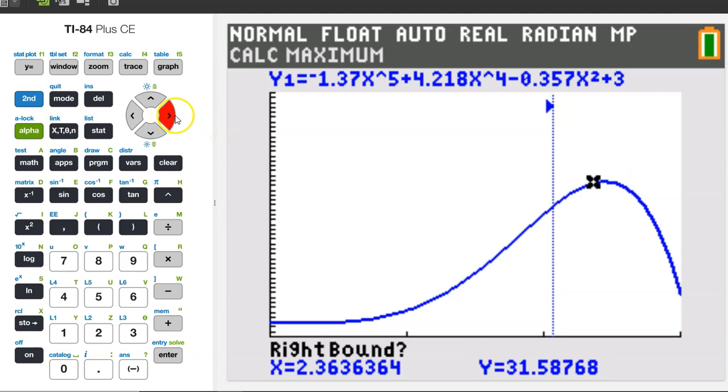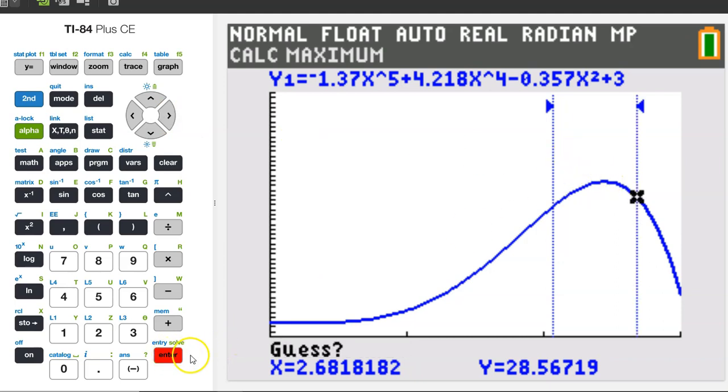So I'm going to use my right arrow key and move to the right of this relative max and hit enter. Then it's going to ask you for a guess. I encourage you to move the pointer as close as possible to about where you think the relative max is. It just helps the calculator think faster.